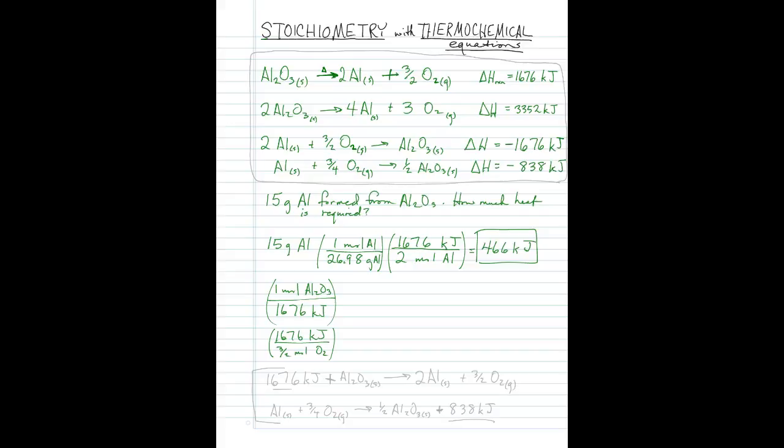Exothermic, delta H negative. So in this case, it's positive. It's endothermic. Heat is being required. We have to put heat in. So heat is kind of like one of the reactants. So we could put this over here as a reactant. We could say 1676 kilojoules plus aluminum oxide is going to produce 2 moles of aluminum solid plus 3/2 mole of oxygen gas.